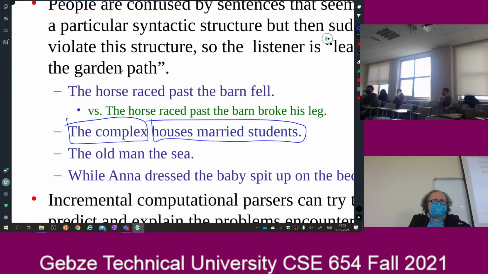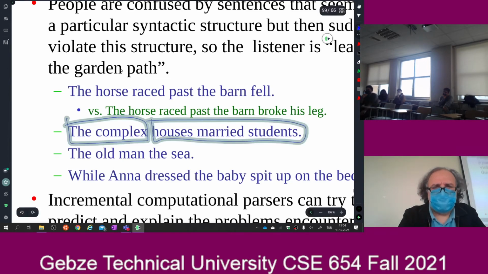It looks like the horse raced. Raced is kind of the main verb of the sentence, but it is not. It must be fell. So raced past the barn is the modifying phrase. Okay. How about this one?